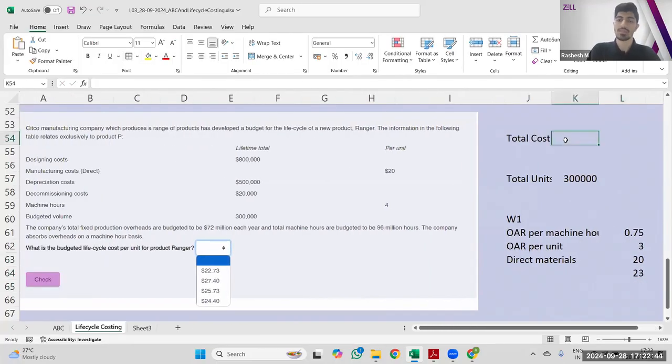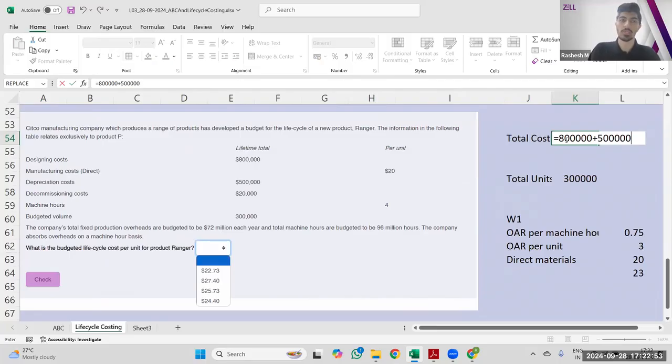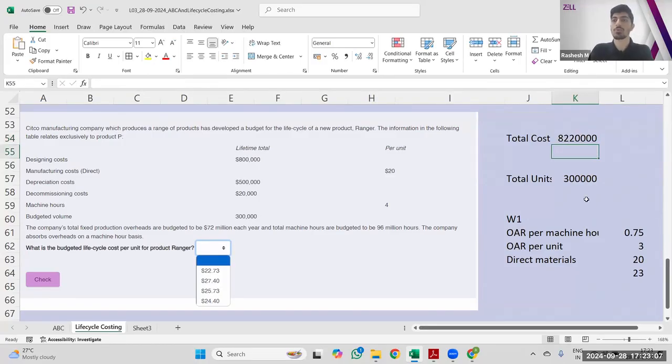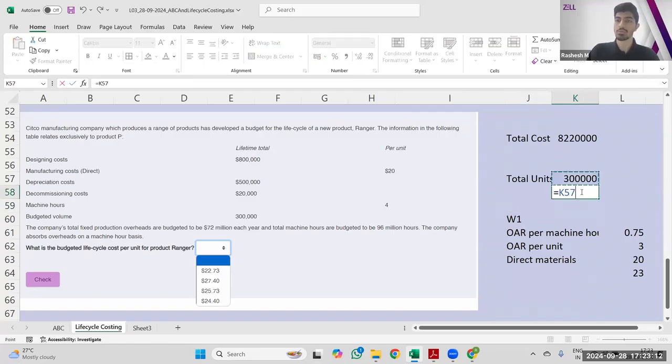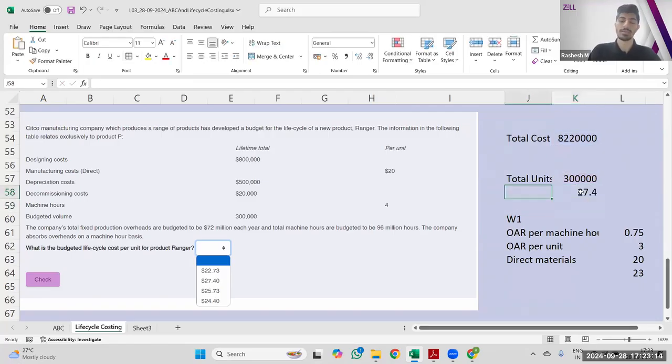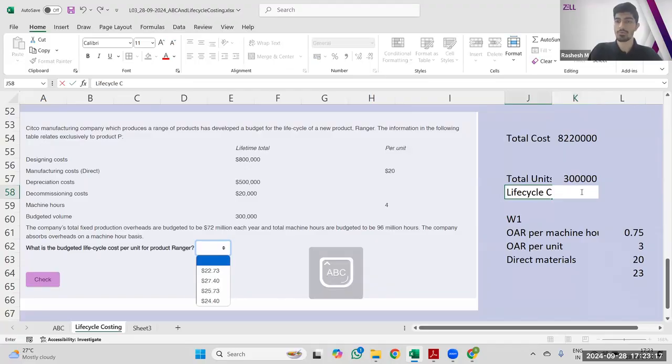The rest is very simple. 800,000 is my designing cost. 500,000 is my depreciation cost. 20,000 is my decommissioning cost. And my production cost is 23 into 300,000 units. All of that done in one line, my cost comes to 8.22 million. So my life cycle cost, which is my answer, comes to 27.4.